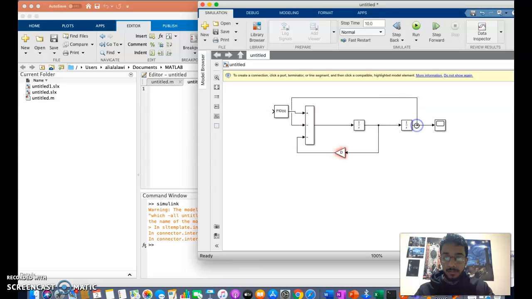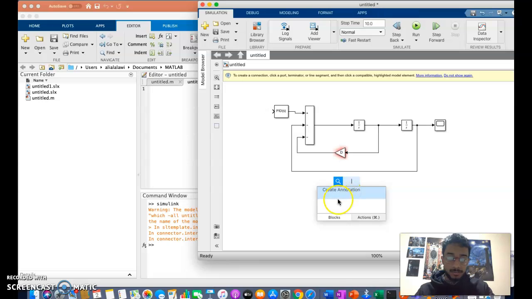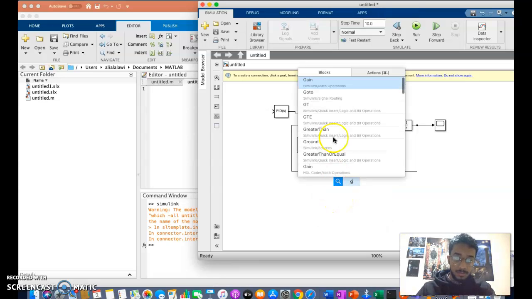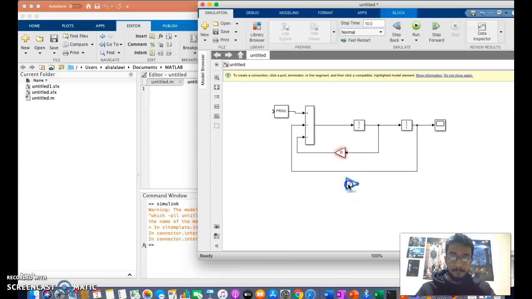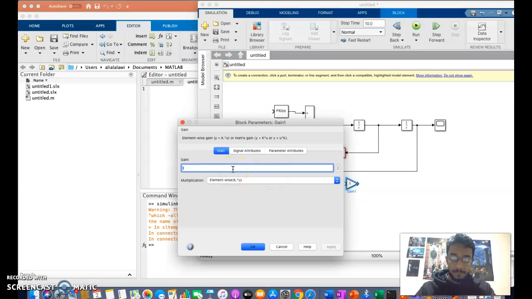Then the distance, which will be multiplied by constant k.